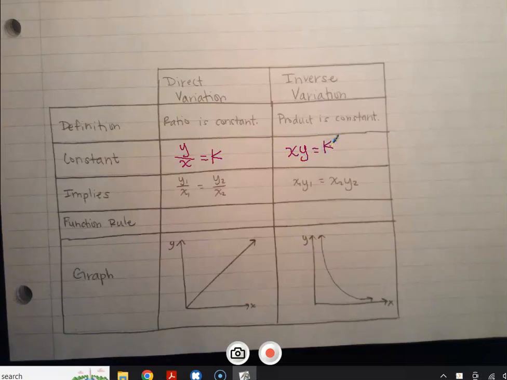Good. How about the function rule? What's the function rule for a direct variation? Good. We have y equals k times x. And what is it in our inverse variation? Good. It's division. So we have y equals k divided by x.